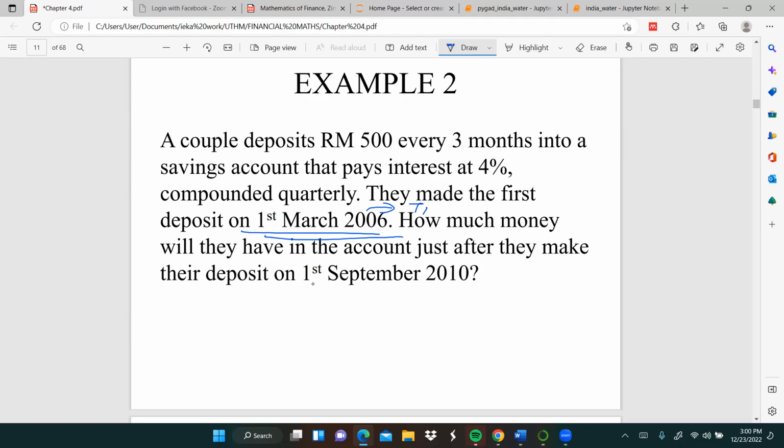So in this case, we want to find n. You all need to always remember that we start the time at 0.